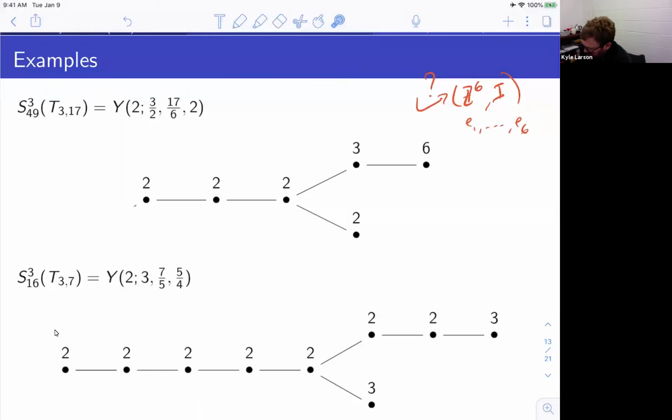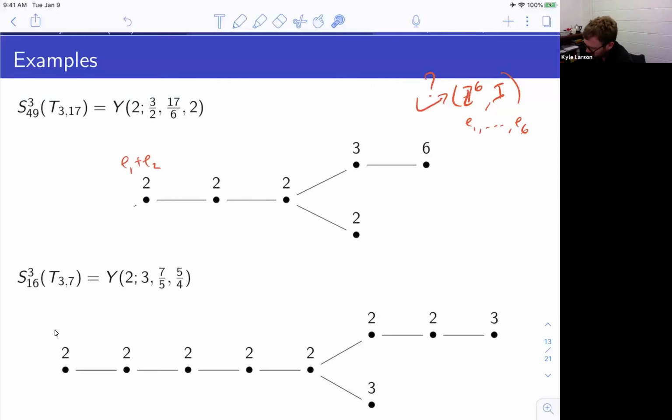For example, I could send this element to minus e5 plus e6, or e2 minus e4. Of course, I could just reorder the basis vectors. Up to reordering the basis vectors or changing sign, I can send this one to e1 plus e2, and this is the only choice I have. So it has to be something of this form.